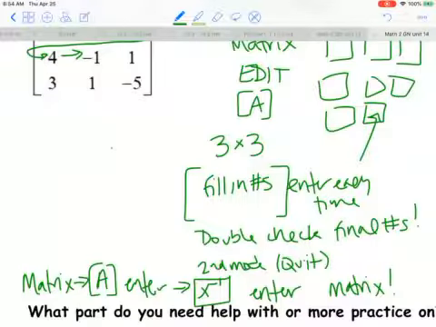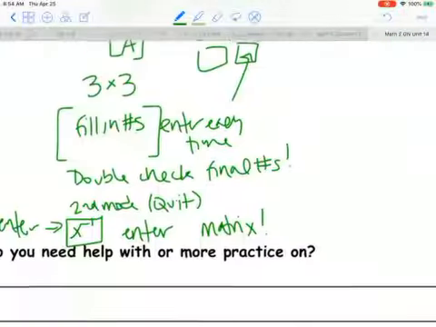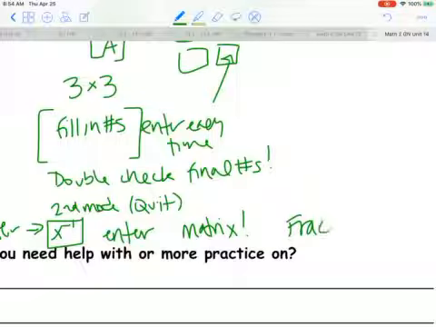And that's your answer. We do want it in fraction form, so I believe if you go back and click on that fraction button, then you should get your answer in fractions. And that's it.